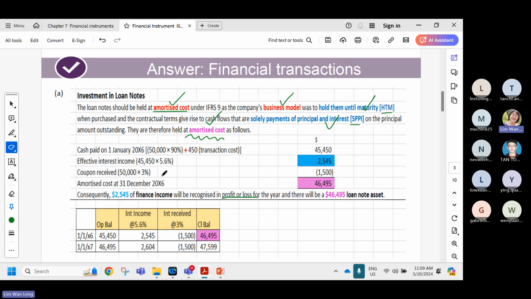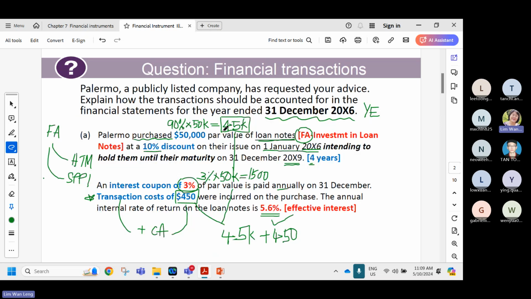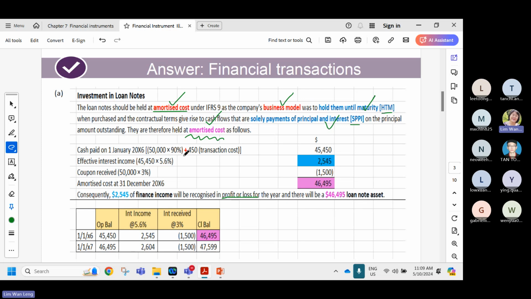Remember your initial recognition should be at how much? 45,000, because you're given the 10% discount on the face value, so you pay 45,000. But you incur transaction cost of 450, not 450,000, which you should add to the 45,000. So once you add them, the 90% of the face value plus the transaction cost, you will have the first figure of the investment in the loan notes.